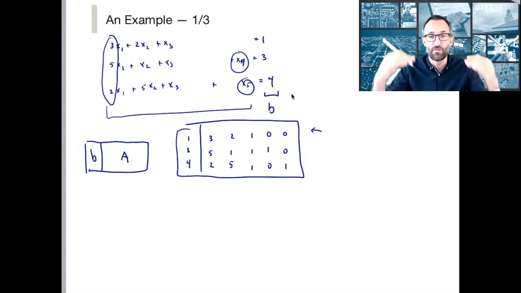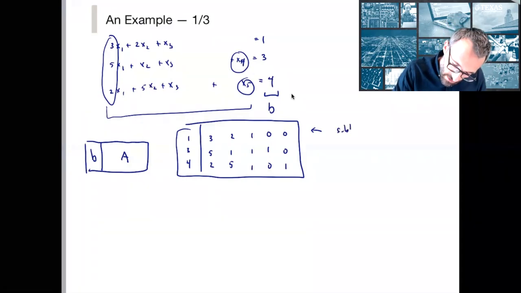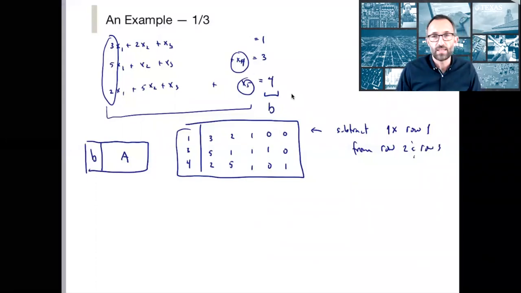If we subtract the first row from the second and third rows, then we're going to have an identity sitting in here. So if I subtract 1 times row 1 from row 2 and row 3, what have I done?